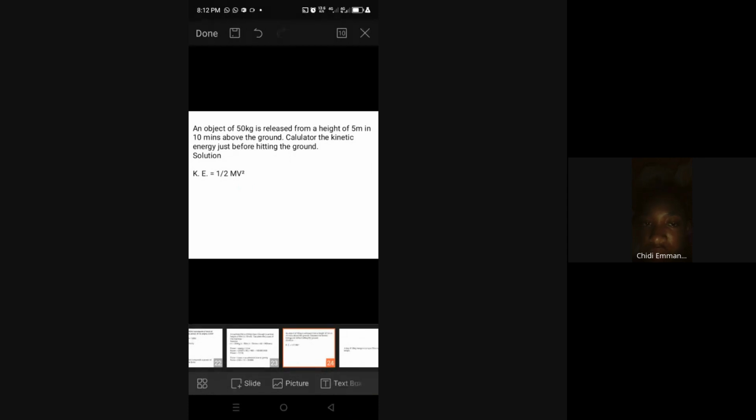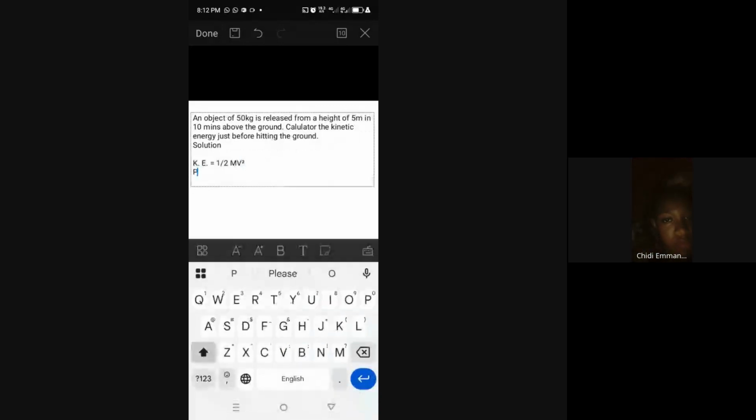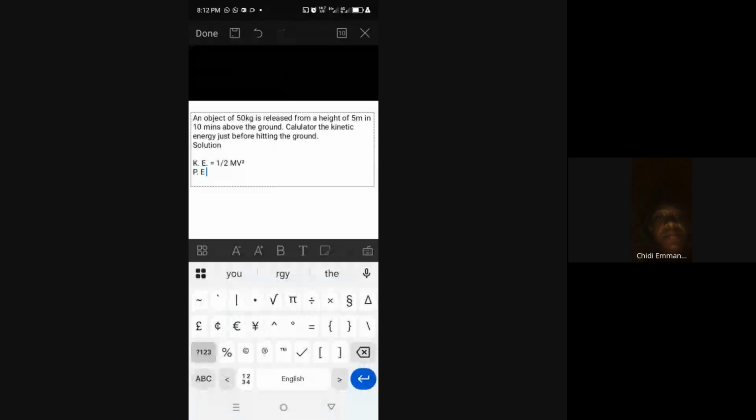If I apply that law of conservation here, let's see whether I'll be able to get my answer. They have given you mass, they have given you height, and this is a vertical motion because the object is released from a height. What is the formula for potential energy?